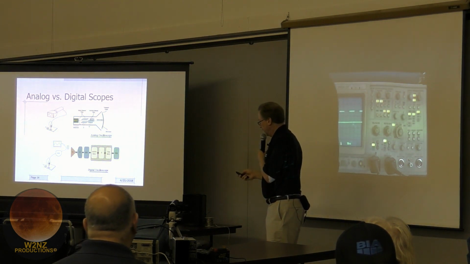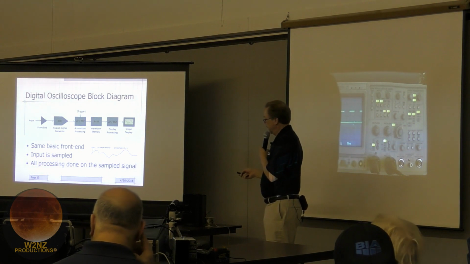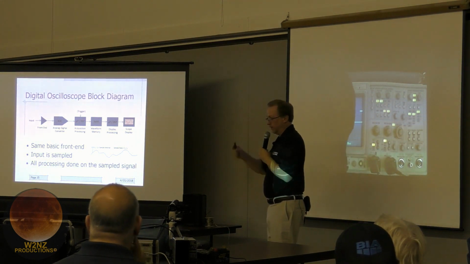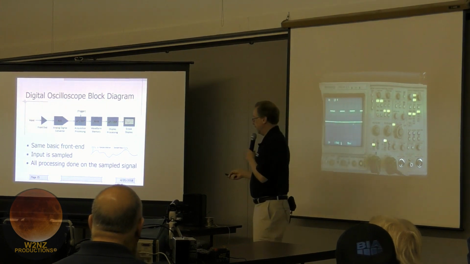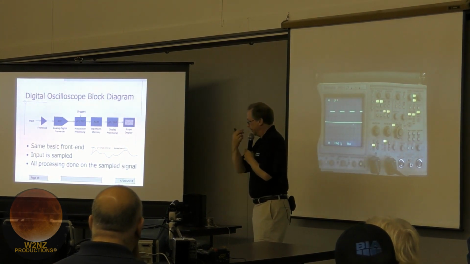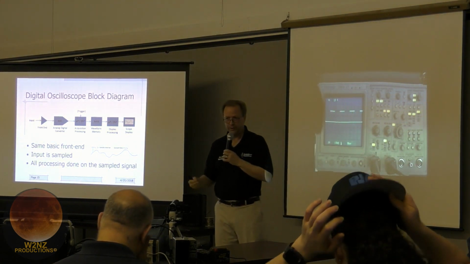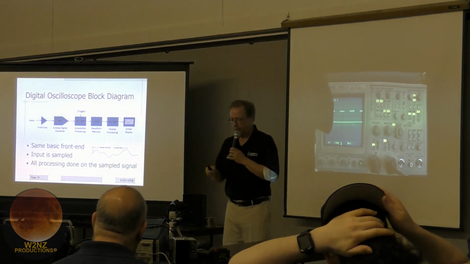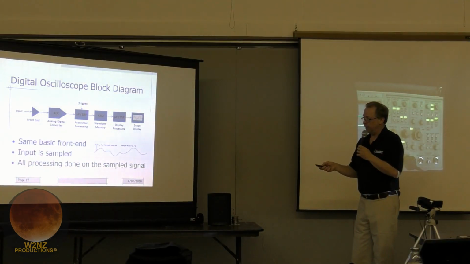So the front end is still very similar. You've got the adjustable input attenuator, some kind of a preamp that's going into now an analog to digital converter. That analog to digital converter, just like a voltmeter, is sampling that waveform and creating voltage samples that then get processed.